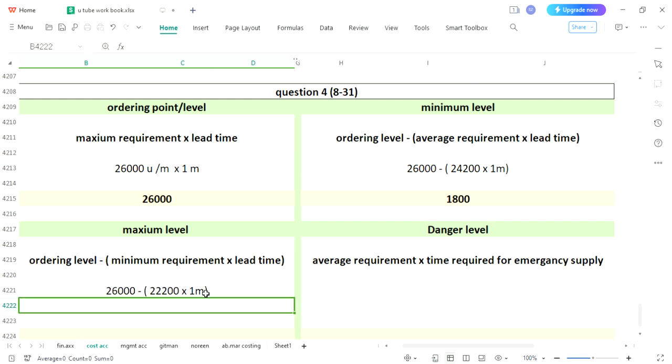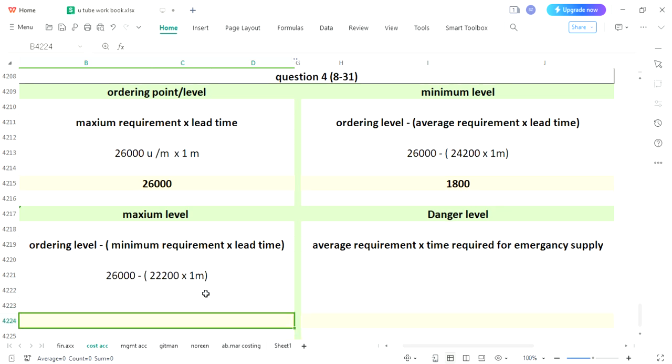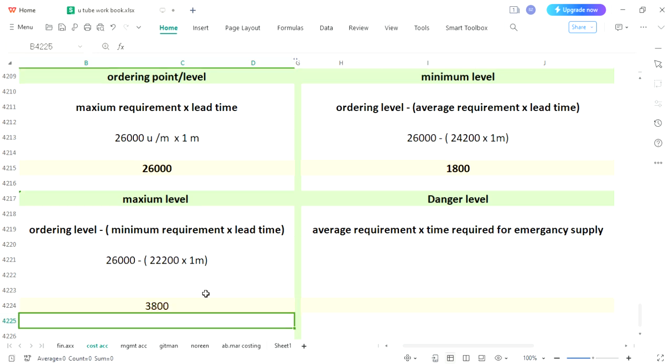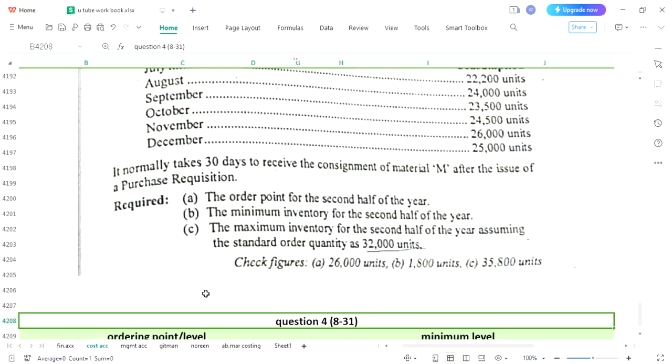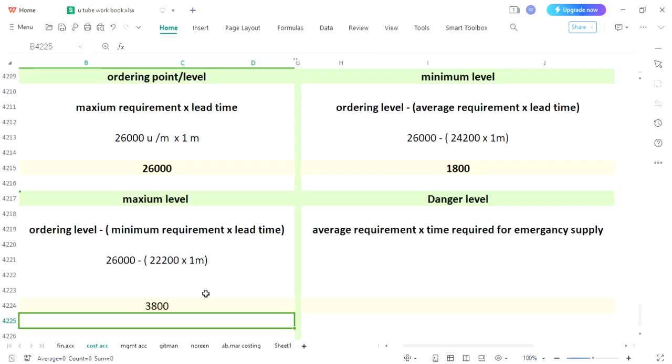Complete our formula, and finally we will be putting it on the calculator. 26,000, and we need to subtract 22,200 multiplied by 1. So finally we have got our answer over here. Ordering level 26,000, minimum requirement.